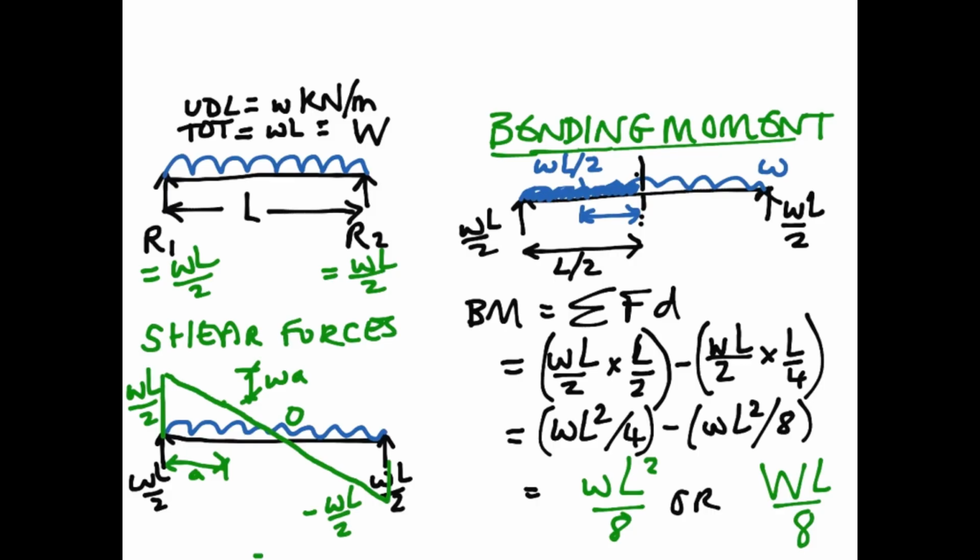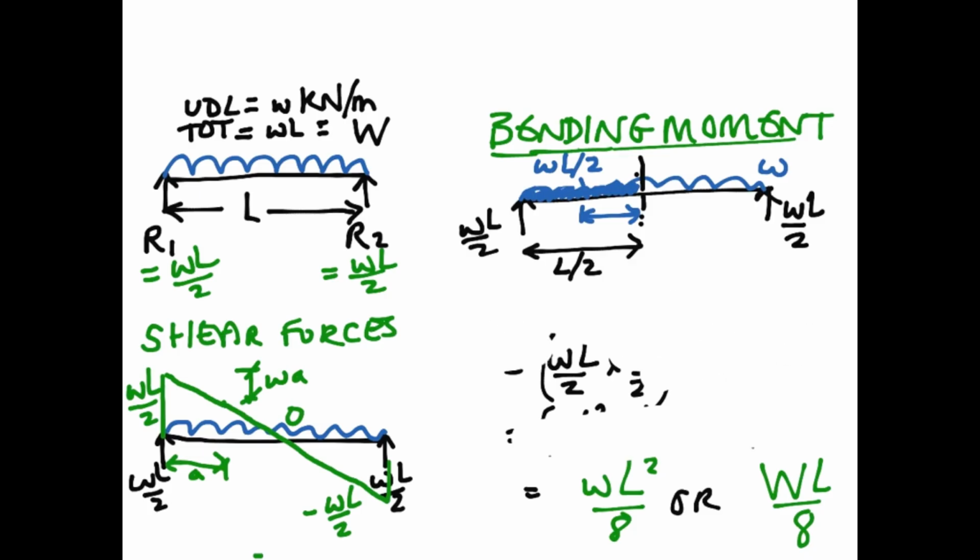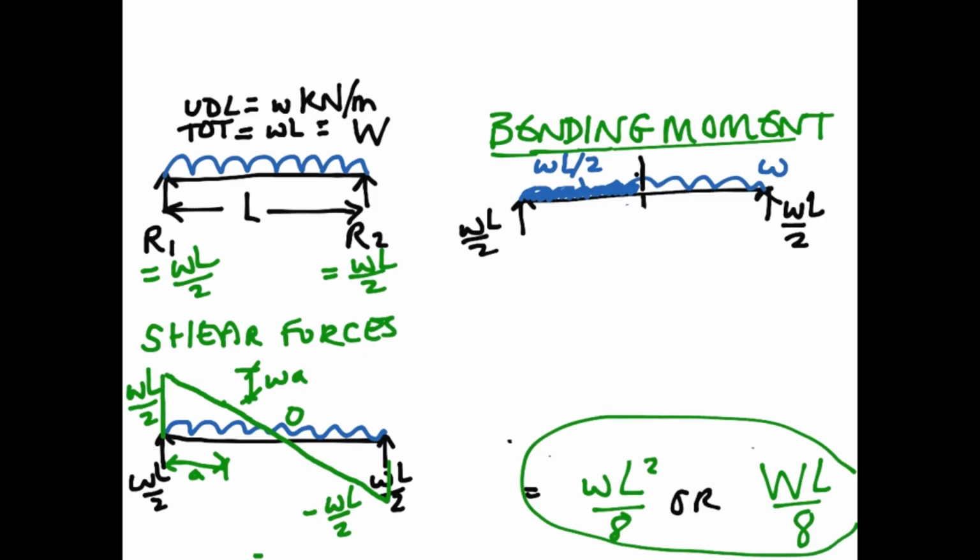So let's just remove some of these calculations, because you don't need them. Again, remembering that we have this WL squared upon 8, that happens at the midspan.